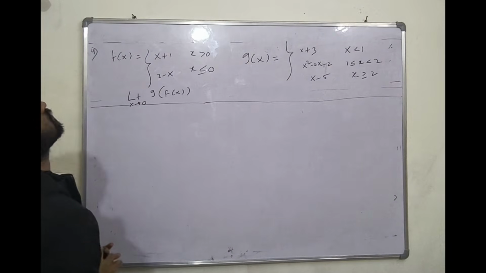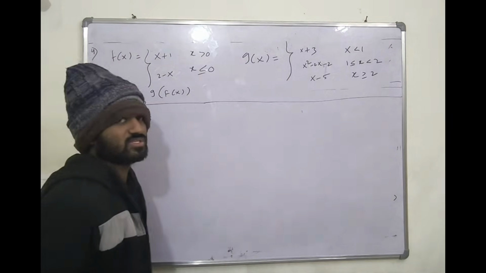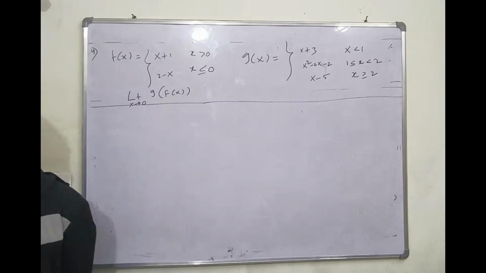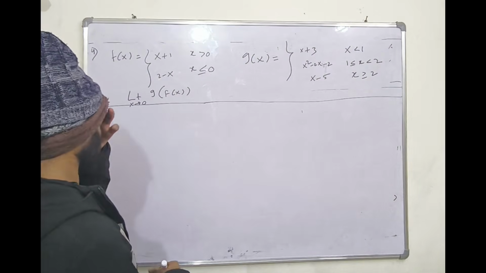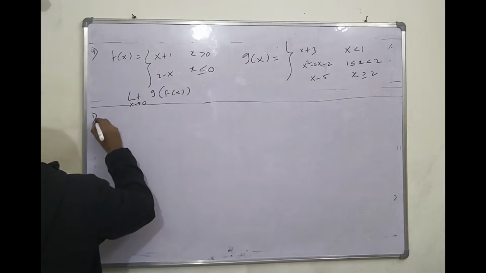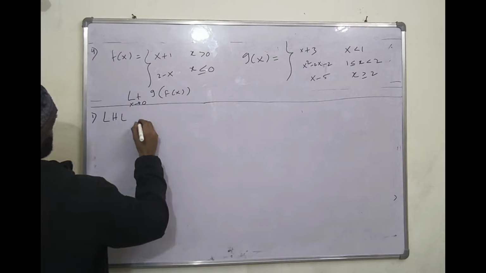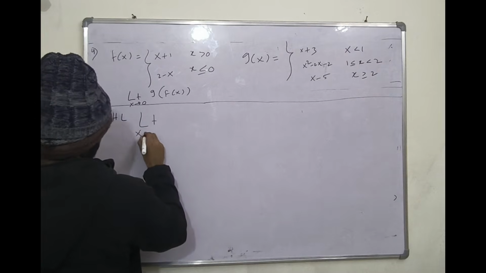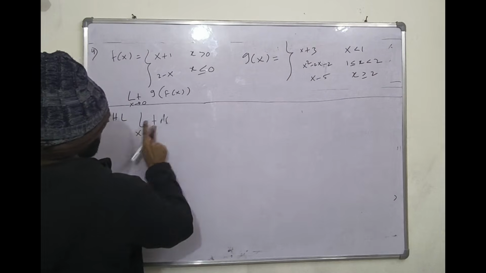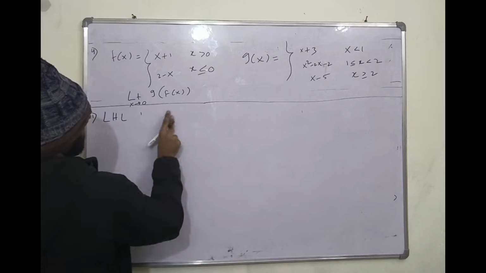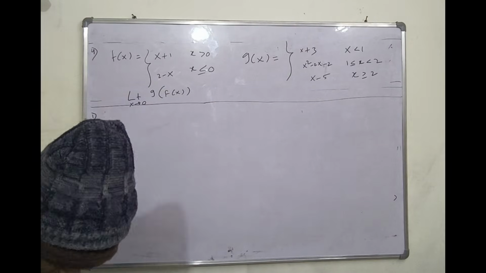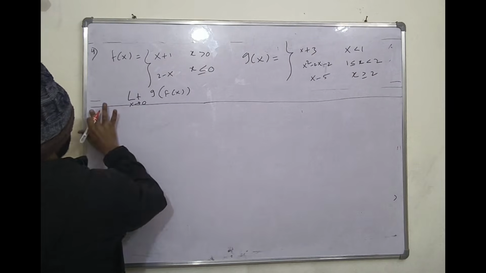Okay, so this is a function of a function. So how to deal with function of a function questions? So here let's find the left hand limit, limit x tends to 0 minus f of x. So here initially, note this point.